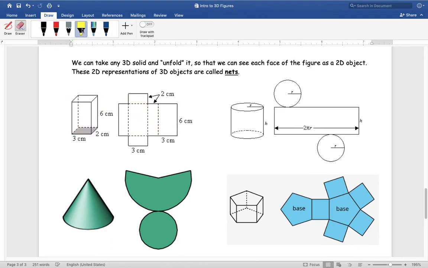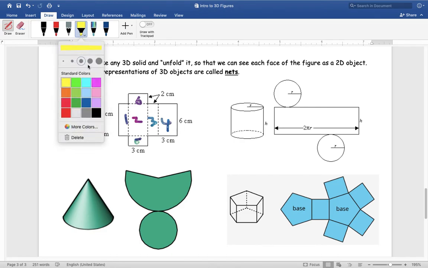We call these the nets of our 3D solids, taking, in this case, our rectangular prism, unfolding it so that you see the 1, 2, 3, 4, 5, 6 different faces of that prism as 2-dimensional objects. So now you can see all of the rectangles that make up this rectangular prism.